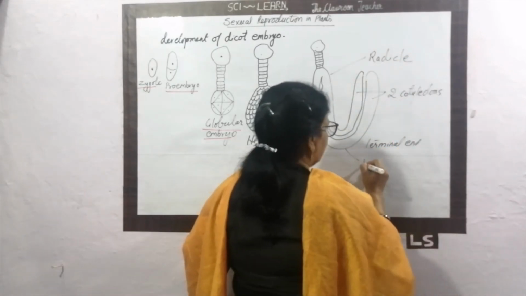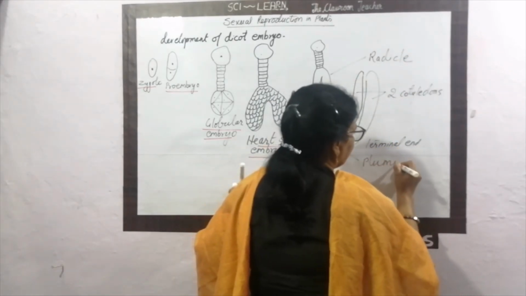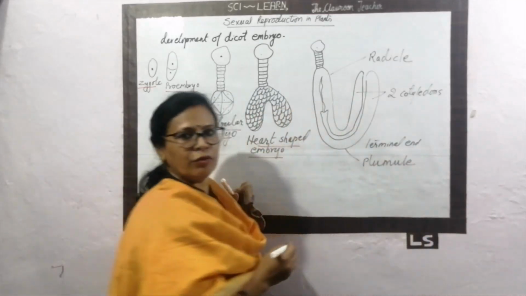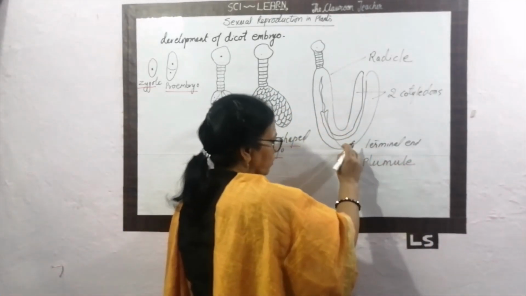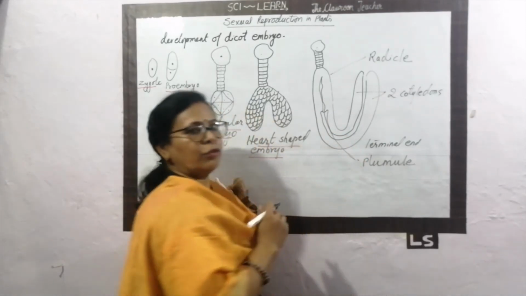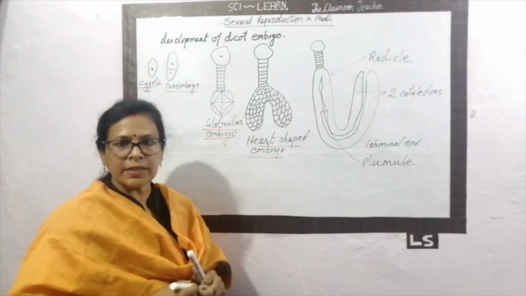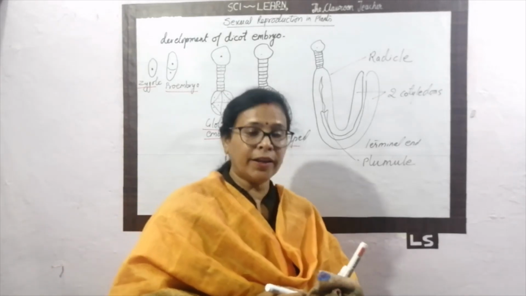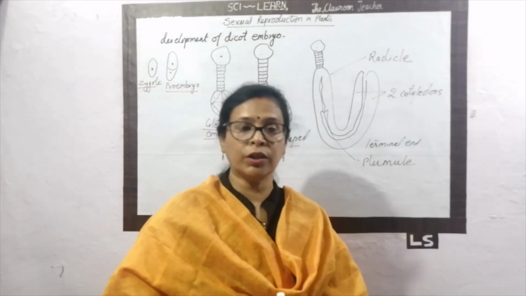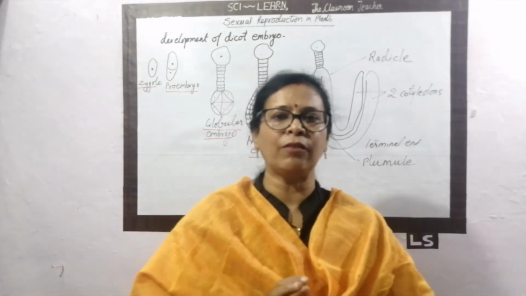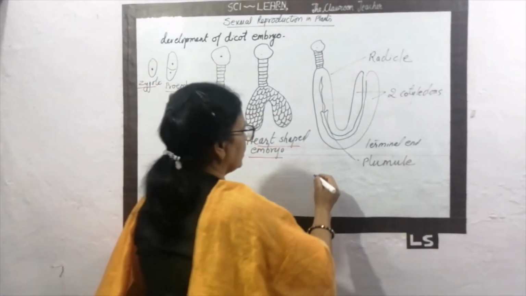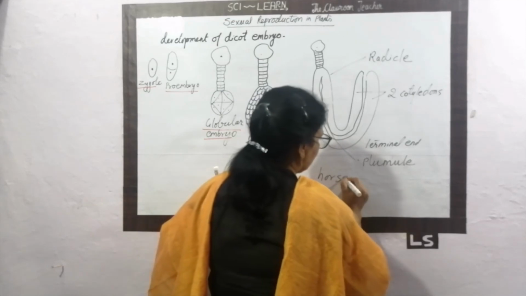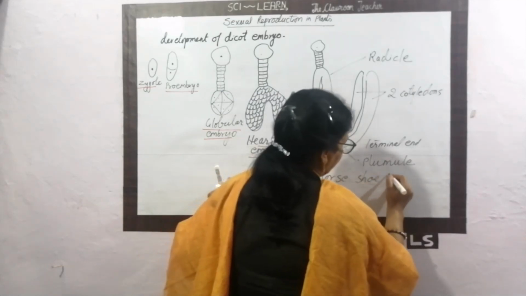This is responsible for the development of the plumule. This is actually the part where the plumule is formed. This change is going on in dicotyledon plants, not in the monocotyledon. It is specific to the dicotyledon plant, and it is near about horseshoe in shape.